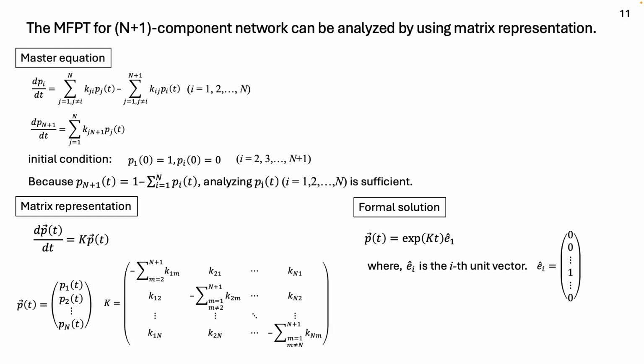E1 means the elementary unit vector. So it is 1, 0, 0, 0, 0. It corresponds to the initial condition. The initial condition is that P1 is 1 and the others are 0. So the exponential function times the initial condition is the formal solution.